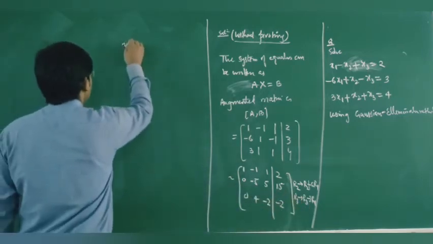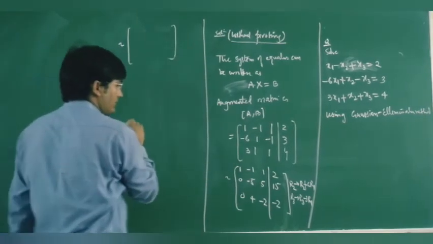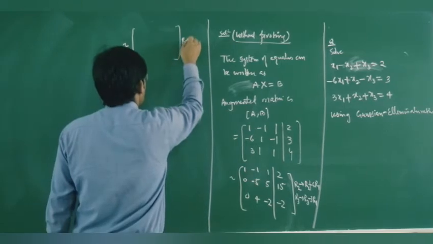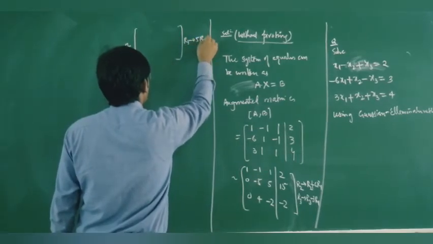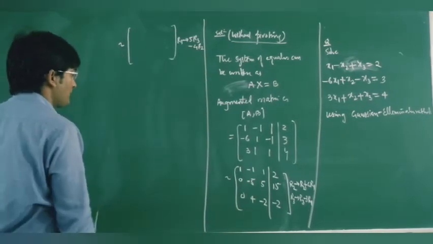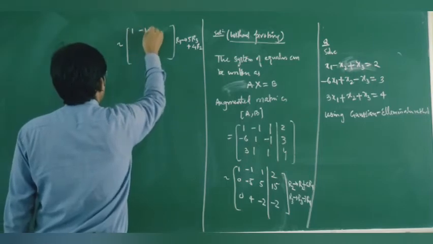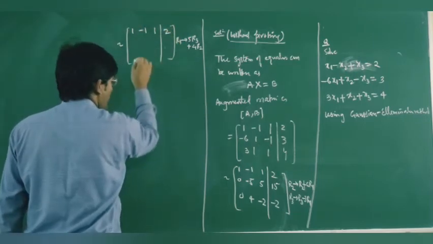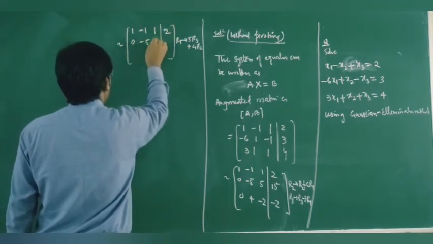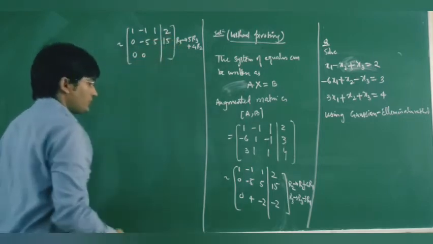Now again, let us multiply this R3 by 5, then plus 4 times R2 will imply 1 minus 1 1 2, then we have 0 minus 5 5 and 15, then we will have 0 0.